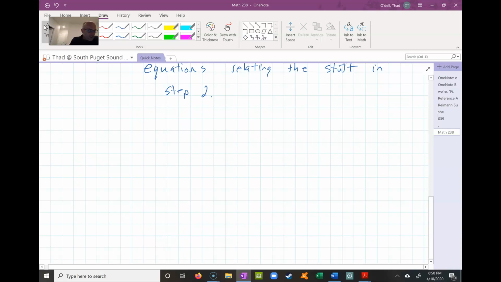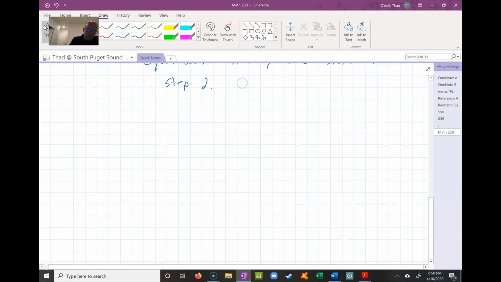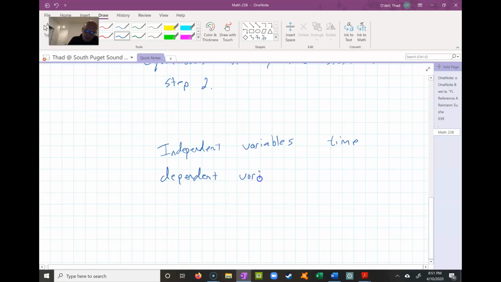So step 2, sorry, that was step 1. Step 2, again, we said there's independent variables, and that is almost always time. In our class, it's going to mostly be time. And then we have dependent variables.